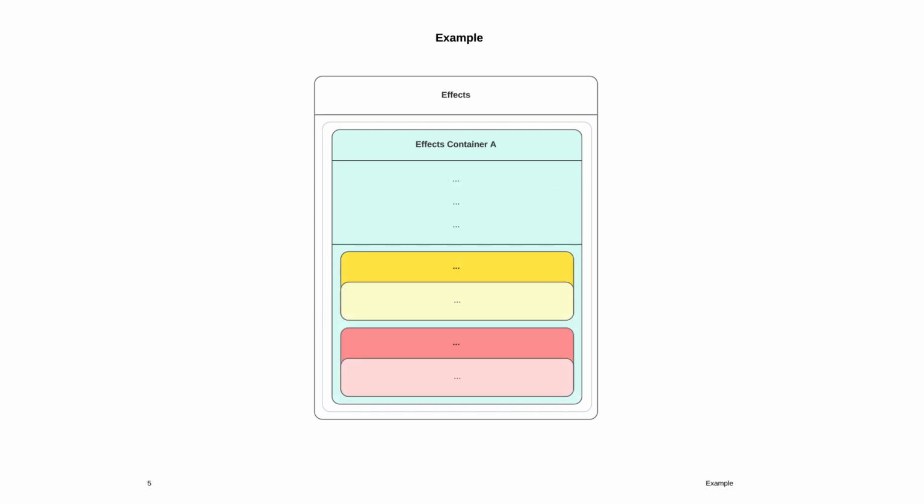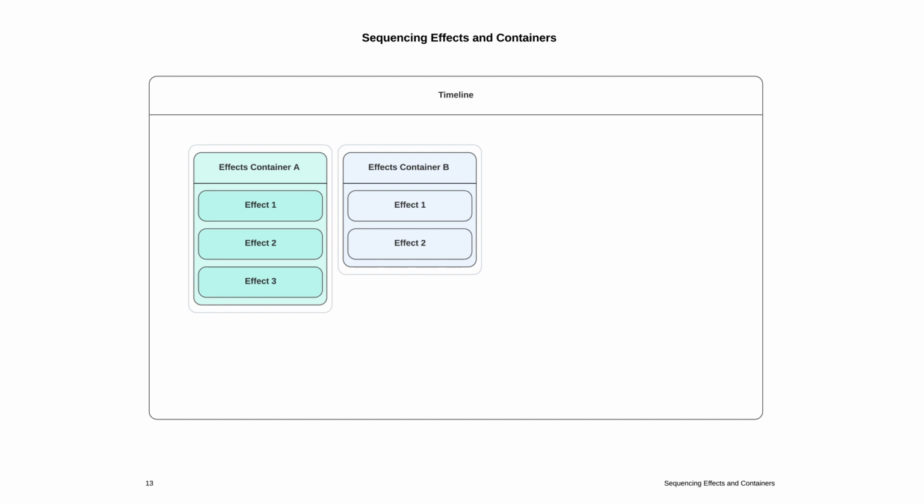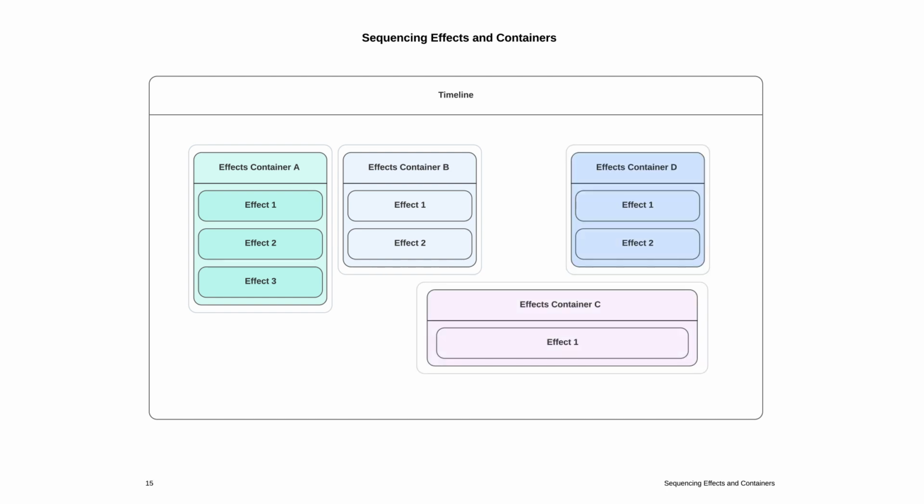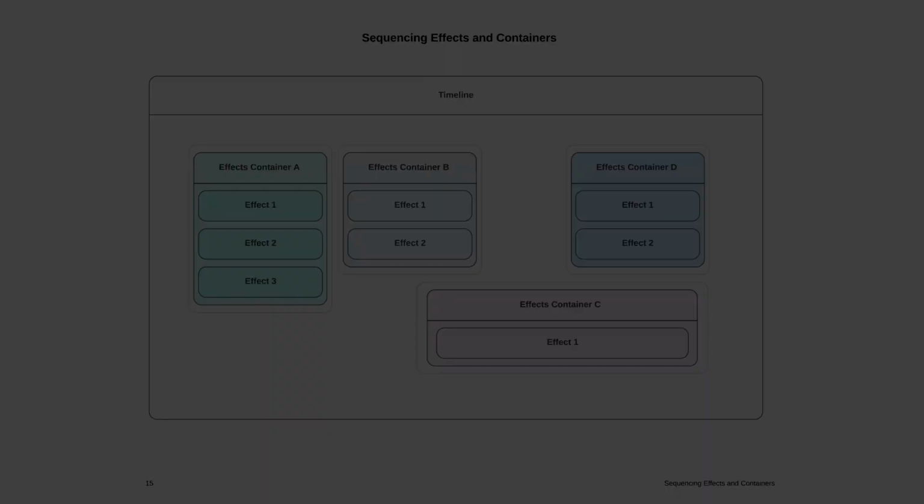For example, you may have one container that starts on frame 1 and operates on the first 10% of the lights and repeats itself 5 times. And inside of it, it has 2 effects, one for the intensity channel and the other one for the color channel. So you can have multiple containers and each one can host multiple effects. And you can sequence them together and create many different types of effects.